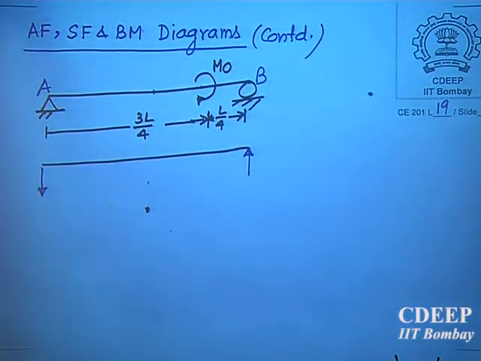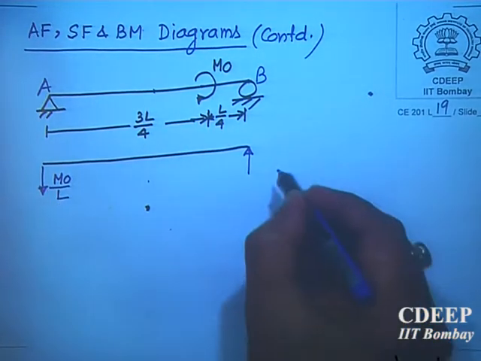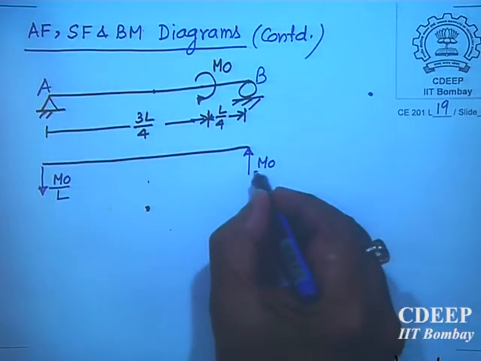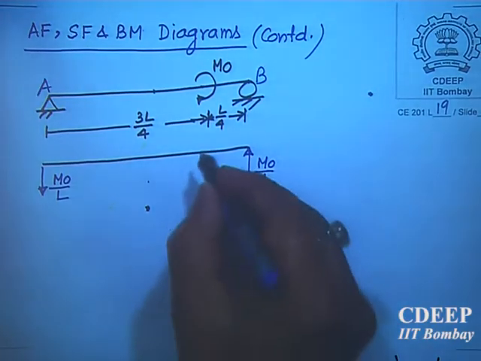Will it change to M naught by 3L by 2 or something like that? It will be the same. So the reaction will be the same. No change.